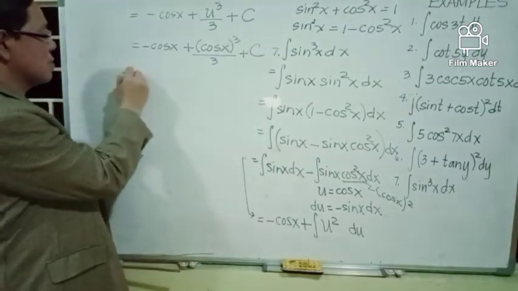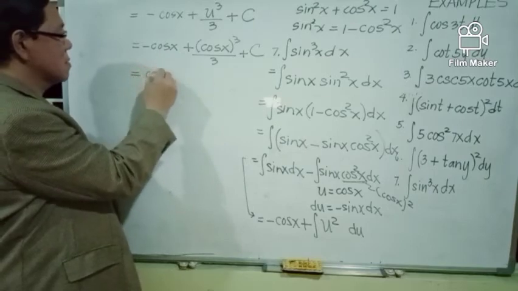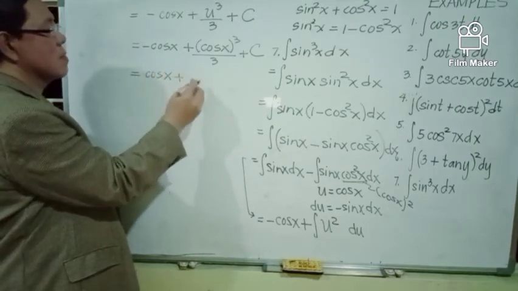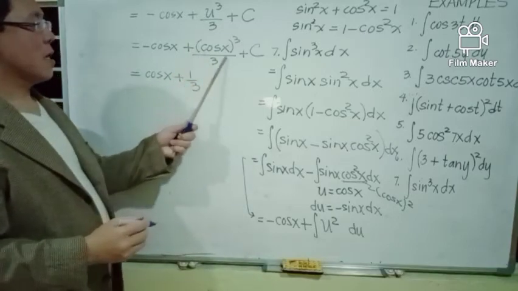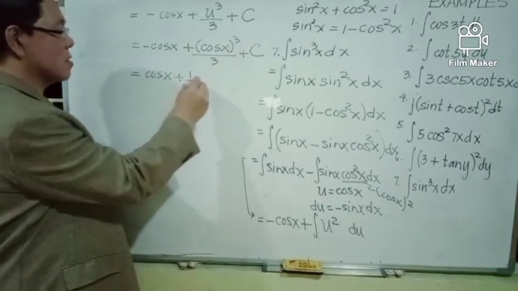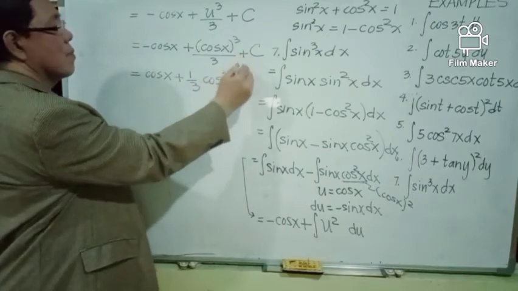Or this can be written as negative cosine x plus 1/3 cosine cubed x plus c.